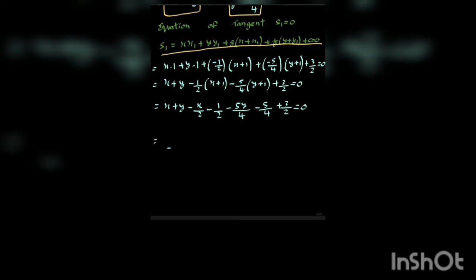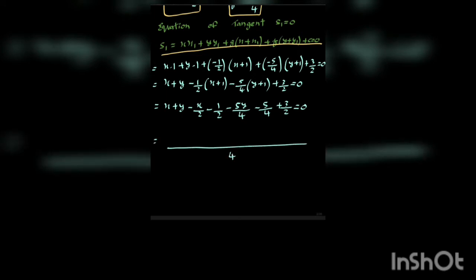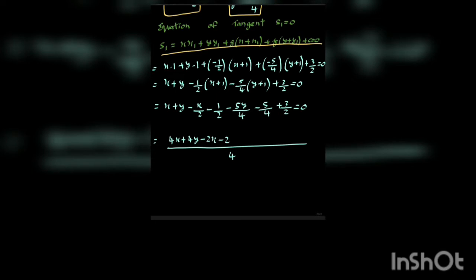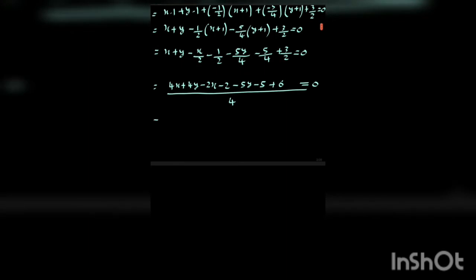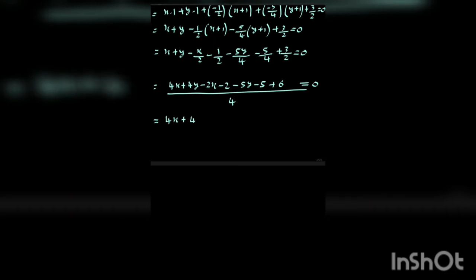So here 4 is the LCM. So 4x + 4y - 2x - 2 - 5y - 5 + 6 = 0.